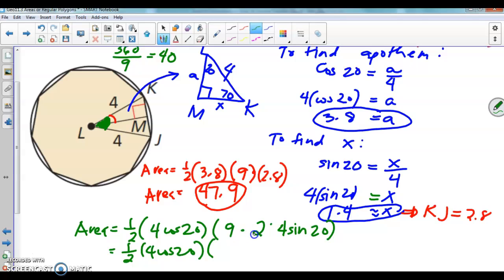So this will become 1/2 times 4 cosine 20, times 9 times 8, which is 72 sine 20. So altogether, 4 divided by 2 is 2, times 72, so that will be 144 cosine 20 sine 20.